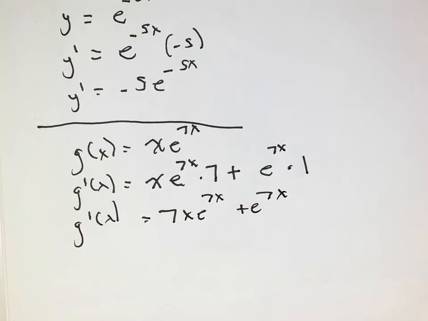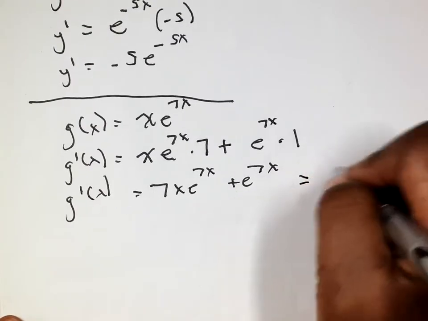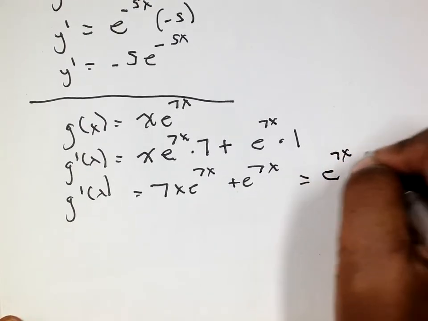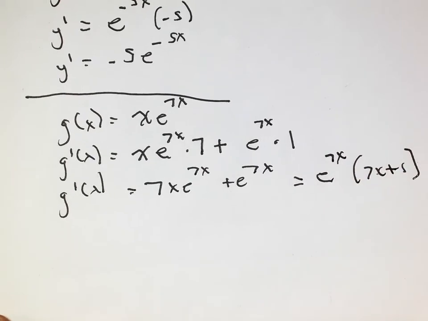So we get 7x e to the 7x plus e to the 7x. Your book publisher loves to factor this, so sometimes they'll express the answer like that.